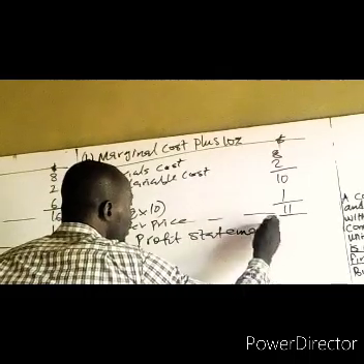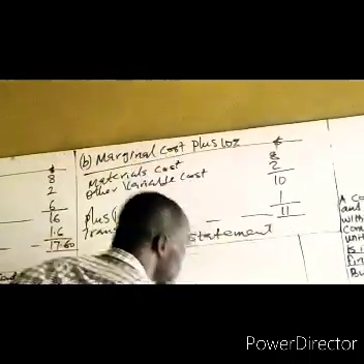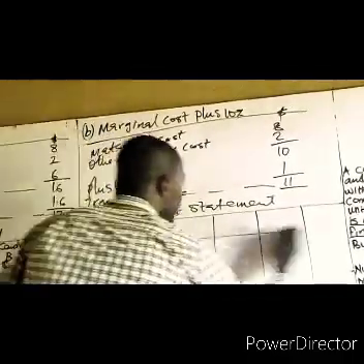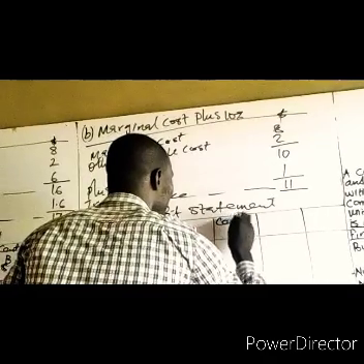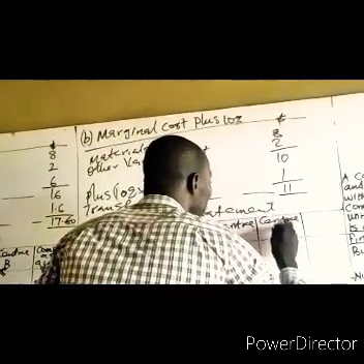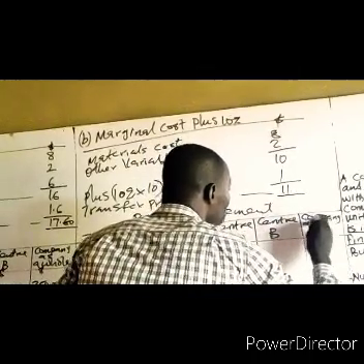Profit statement. So company as a whole, center B, center A. Center A, center B, and company as a whole.